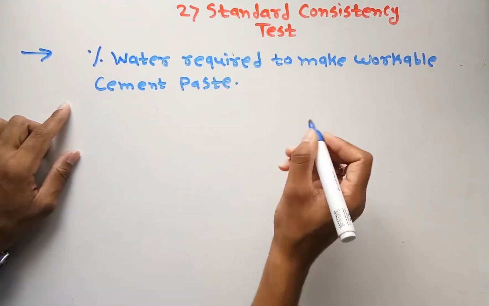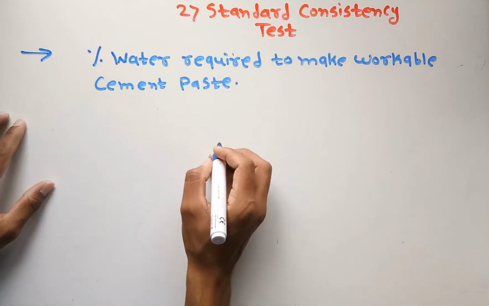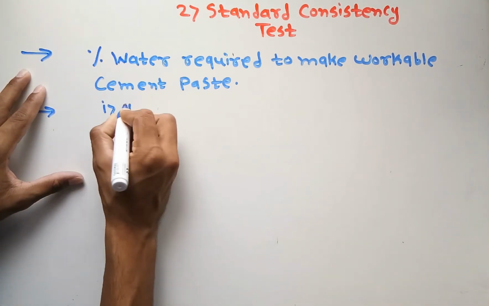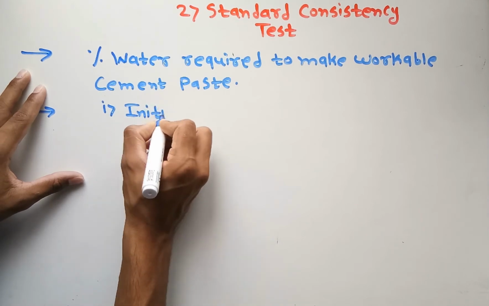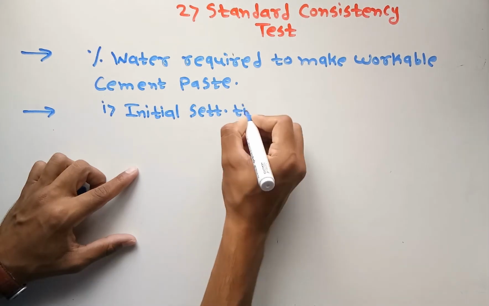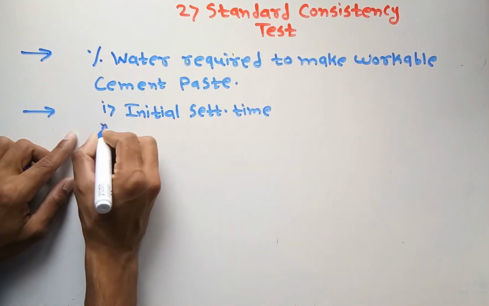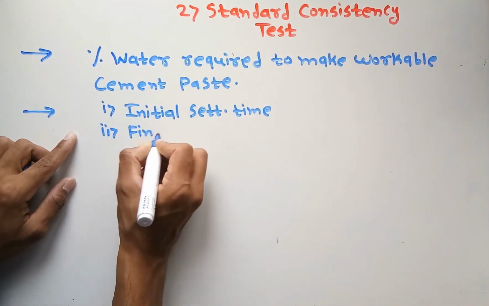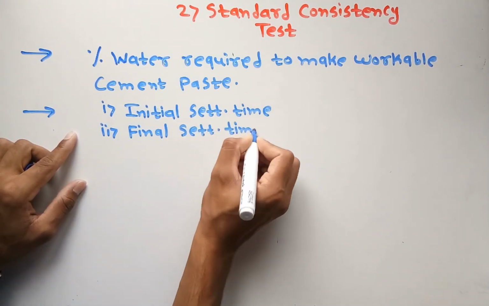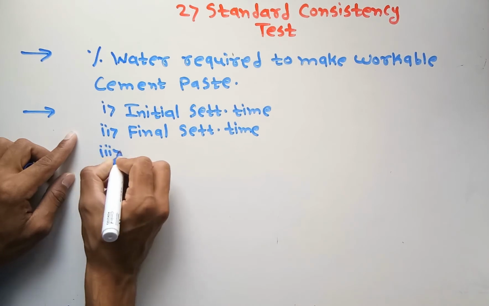Now this standard consistency test can be used for three further tests. The first one is the initial setting time test, then it can be used for the final setting time test, and it is also used for the soundness test.